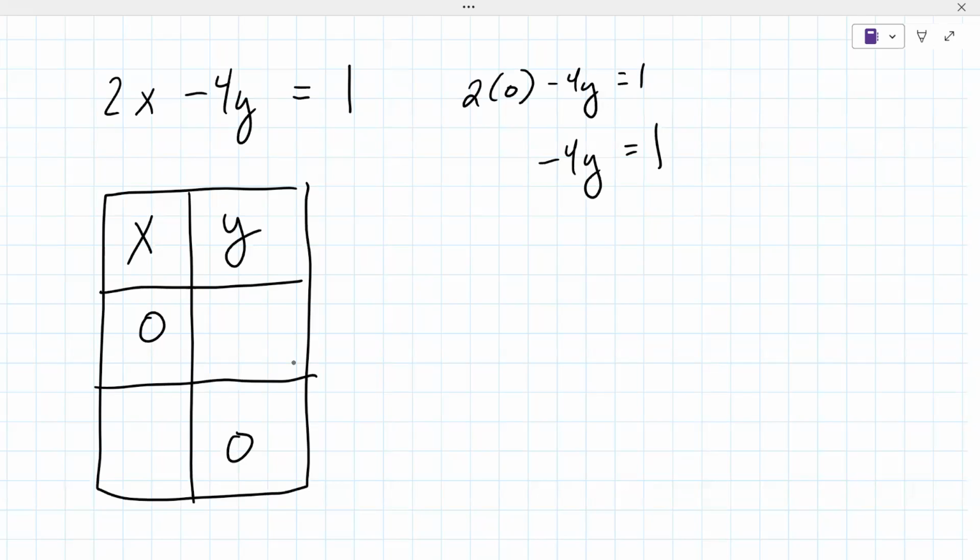So now here you divide by -4. What is 1 divided by -4, if anything? This is just a fraction.